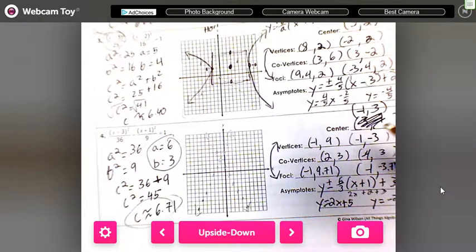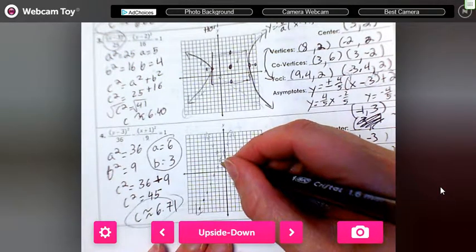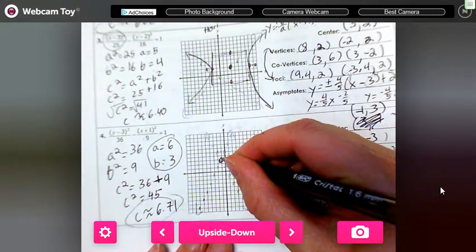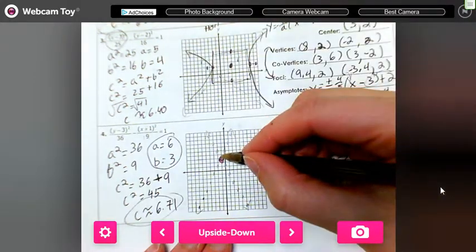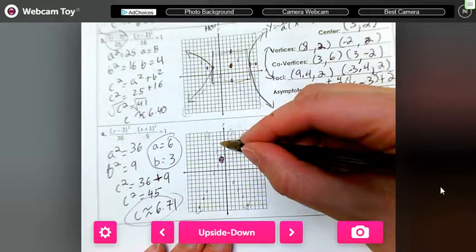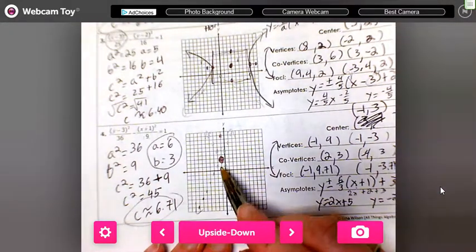All right, now we're going to plot all these points. First, we're going to go negative 1, up 1, 2, 3. Oh, look, it's right there in the center. Now we're going to go negative 1, 9, so that's 3, 4, 5, 6, 7, 8, 9. And negative 1, negative 3, 1, 2, 3.